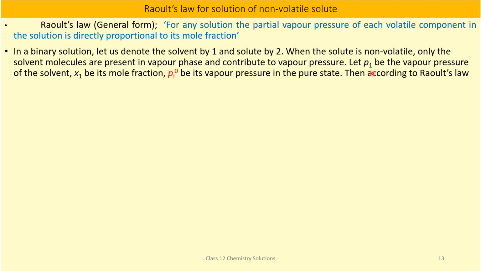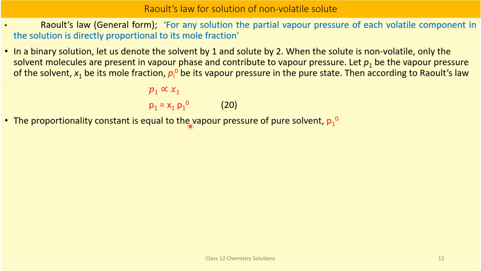Let P1 be the vapor pressure of the component with mole fraction X1, and P1 naught be the vapor pressure in the pure state. Then according to Raoult's law, P1 is proportional to X1. P1 is the partial pressure and X1 is the mole fraction. So P1 is equal to X1 P1 naught.